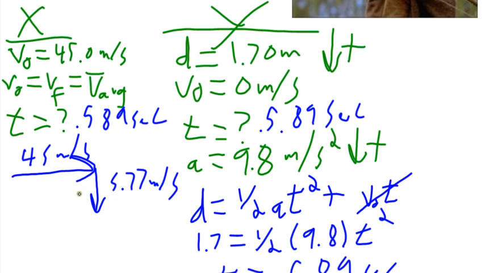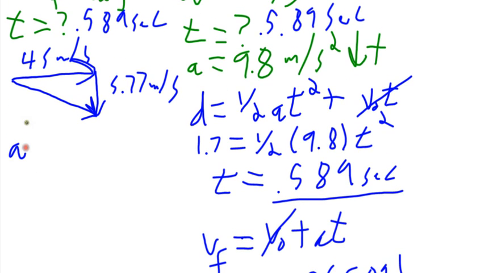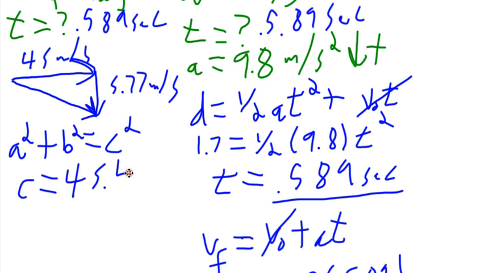Remember, we add them head to tail. We draw a resultant from the tail of the first vector to the head of the last vector. And so now we simply need to use a squared plus b squared equals c squared. And we should get a hypotenuse of 45.4 meters per second.